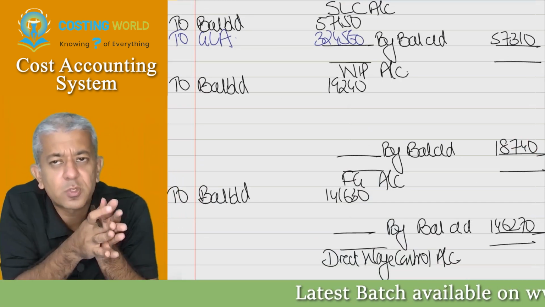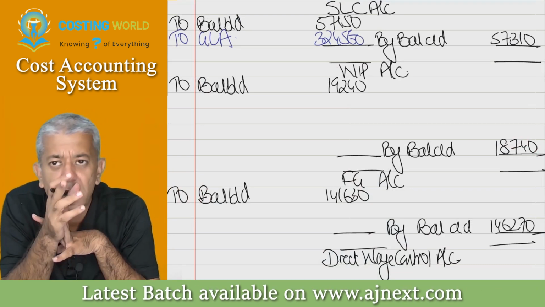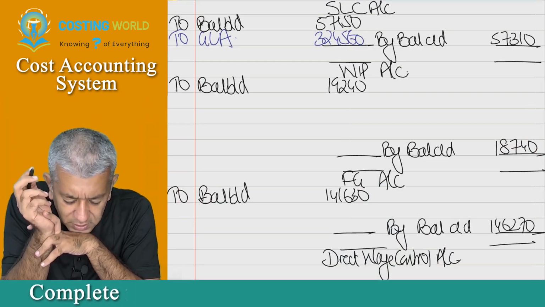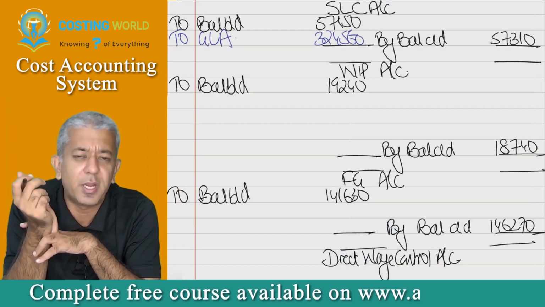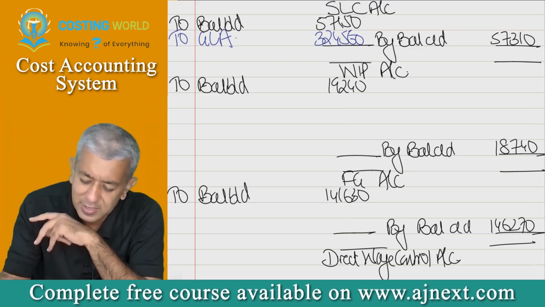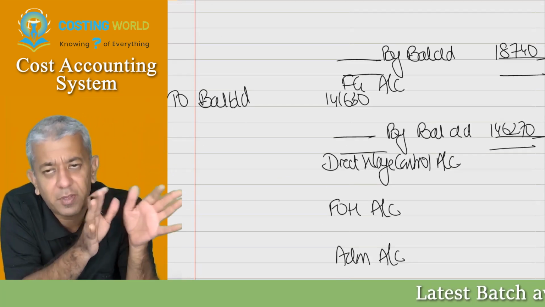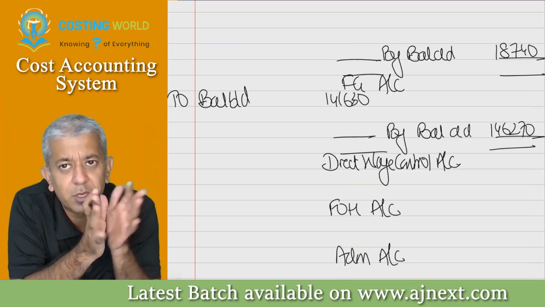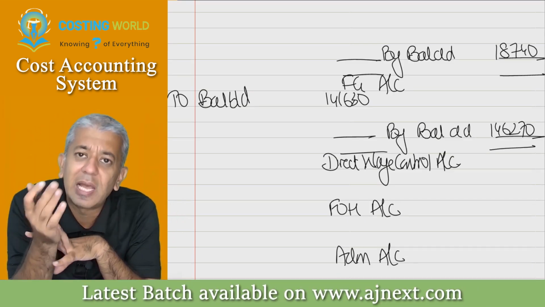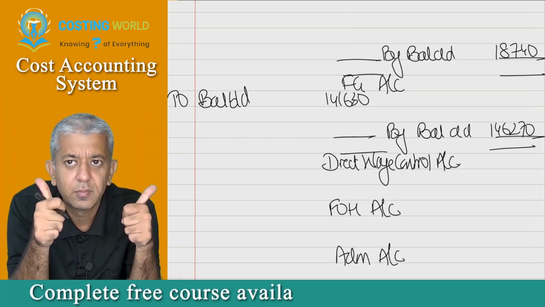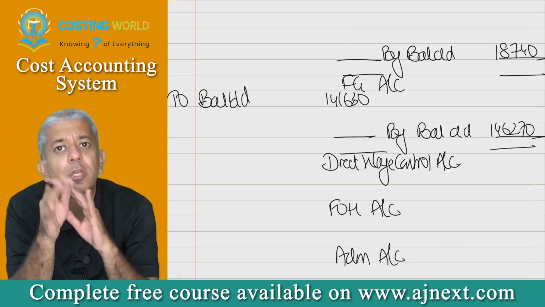Before this question, we were always preparing which account, beta? Wage control. Now, if somebody asks what happens if you prepare a direct wage control account, nothing happens, except on the debit side you only pay for direct wages and transfer that to the WIP account. Indirect wages will directly get posted in factory overheads. It will not be routed through wage control.